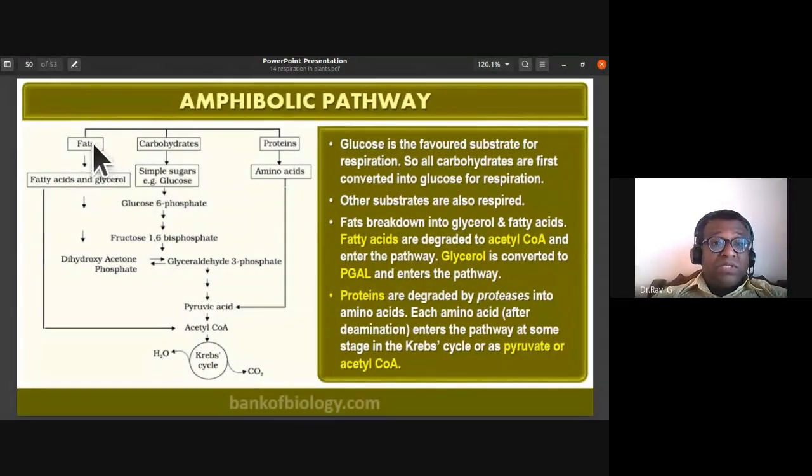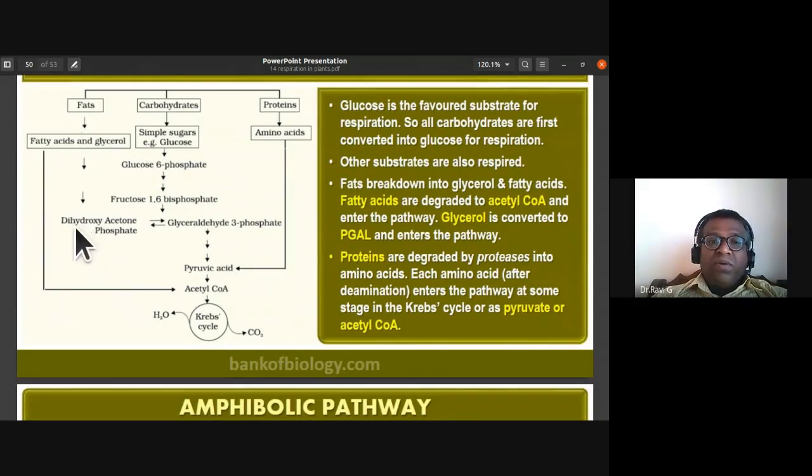Other substrates are also respired, like fats. Fats break down to form fatty acids and glycerol. Fatty acids are degraded to acetyl coenzyme A, and they enter the pathway. Glycerol is converted to phosphoglyceraldehyde, and it enters the glycolysis pathway.